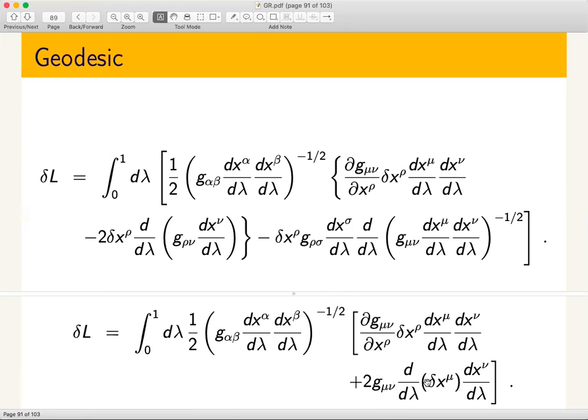That index was summed, so it was a dummy. Times g rho sigma del x sigma times d by d lambda of whatever was the quantity sitting outside. There is no factor of 2 here because this 2 and this half would cancel. That's why there is nothing sitting around there. Are you with me on this?